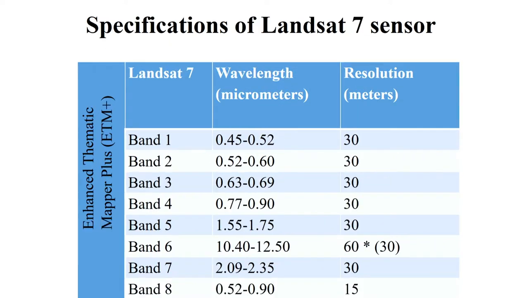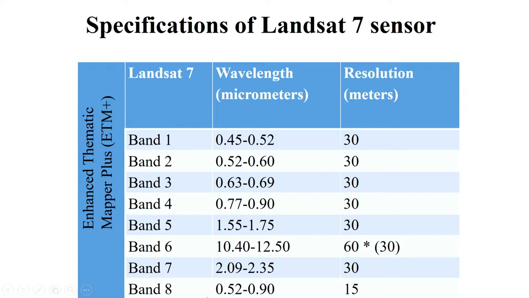Now another sensor is Landsat 7. In Landsat 7 also, band number 6 is the thermal band. Band numbers 1, 2, 3, 4, 5, and 7 are the multispectral bands, as well as the near infrared and shortwave infrared bands.